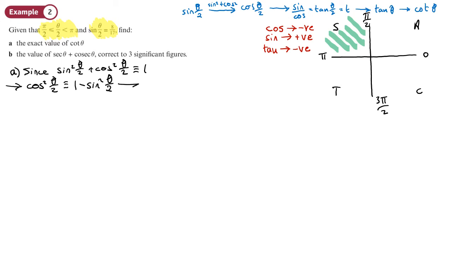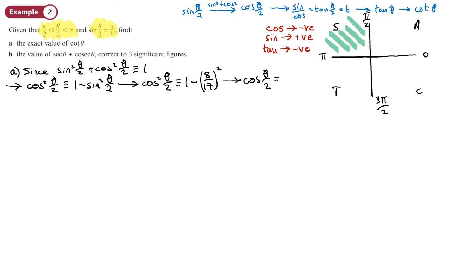So let's put some numbers in now, and then we'll square root it afterwards. So cos squared theta over 2 is 1 minus, now sine squared theta over 2 is going to be 8 over 17 squared. Okay, so cos theta over 2 is going to be the square root of that.